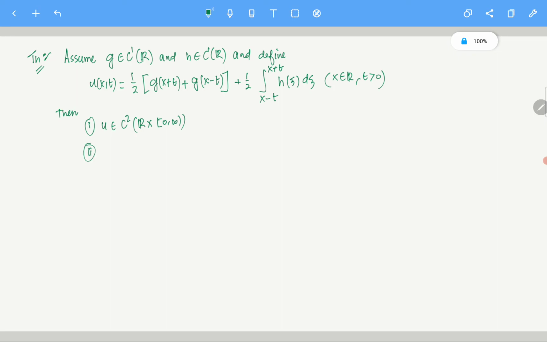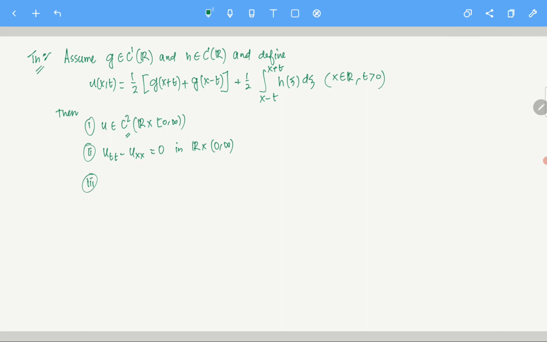Okay, u is in C2, and u tt minus u xx is going to be 0 in R cross 0 to infinity. Clear? So basically what it is saying is u solves the hyperbolic equation in one dimension. u is twice differentiable with respect to both time and space.